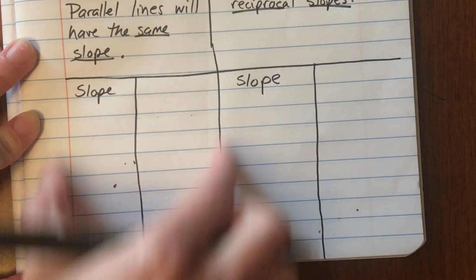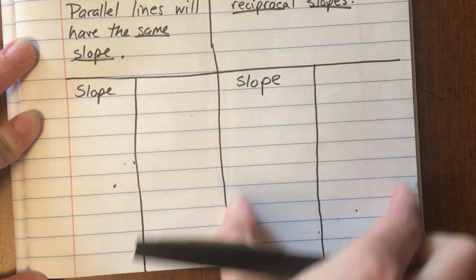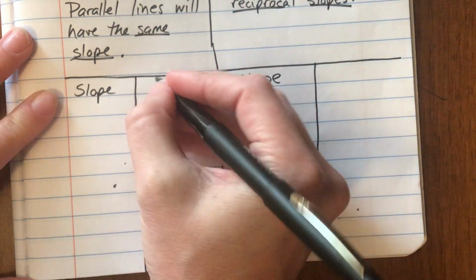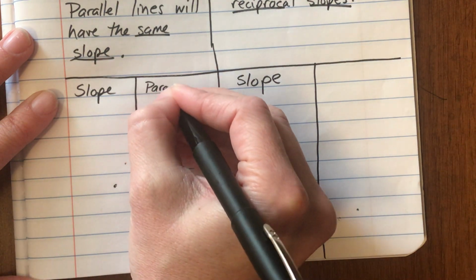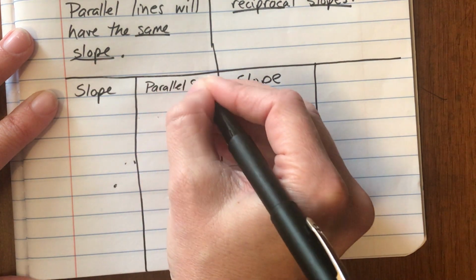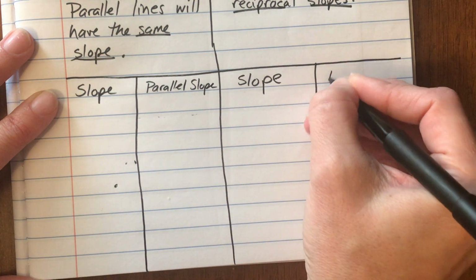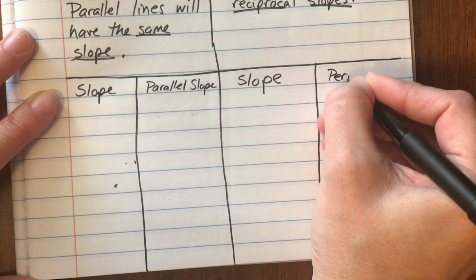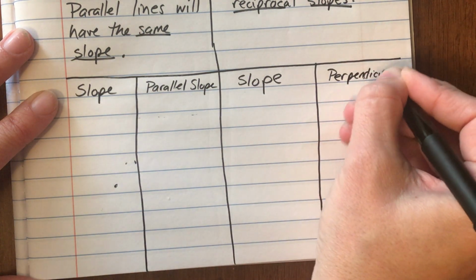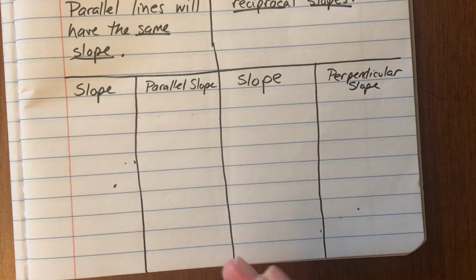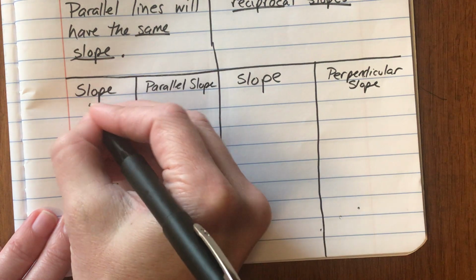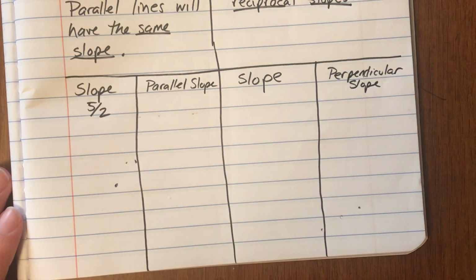This is parallel. This is perpendicular over here. And so the first section here is going to be a parallel slope. And the second section here is going to be a perpendicular slope. Okay?